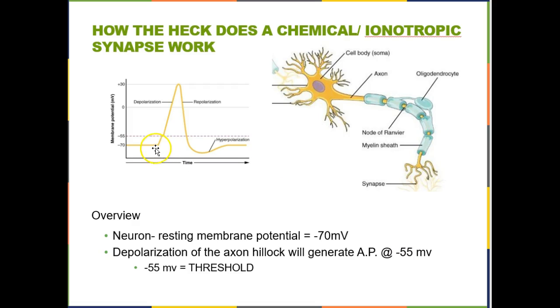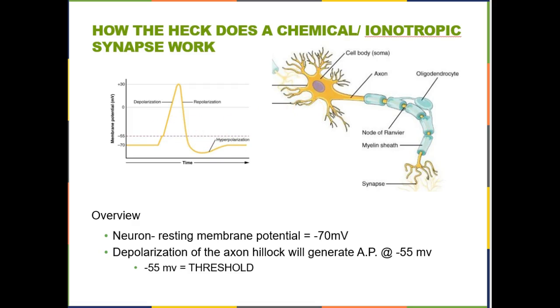So if you look up here, you've got something happens here. That's what we're going to talk about first, to get the axon hillock here depolarized to negative 55. And you see there's like a little blip there. Then once it hits negative 55, you get a rapid depolarization, repolarization, hyperpolarization, and return to resting membrane potential.